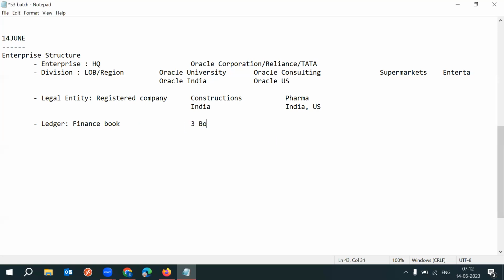Suppose I have only one book. You have to always think in a business way. Suppose you're an entrepreneur, you have a company, you are doing a business, then can you mix up all this into one book? Because if you mix everything into one book, you don't have visibility of what your construction company is doing in India and how the pharma business is happening in India and US.